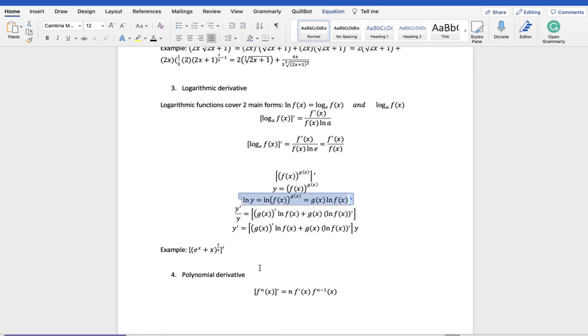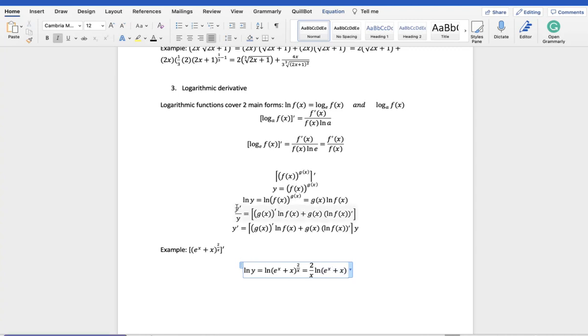Because in our case, we have one function to the exponent of another. f of x in our case is just equal to e to the x plus x, and our g of x, which is our exponent, is just equal to 2/x. And that means that ln y is just equal to 2/x multiplied by ln of e to the x plus x.